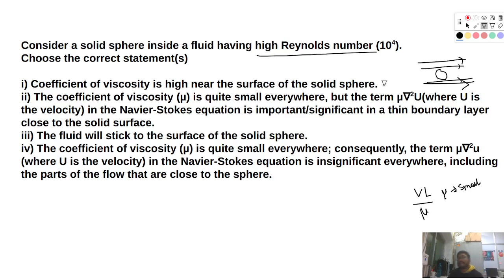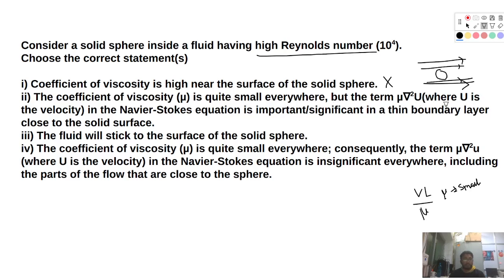Now that is not a correct option, right? Because in the bulk the coefficient of viscosity is very small because the Reynolds number is very high. So this should not be a correct statement.